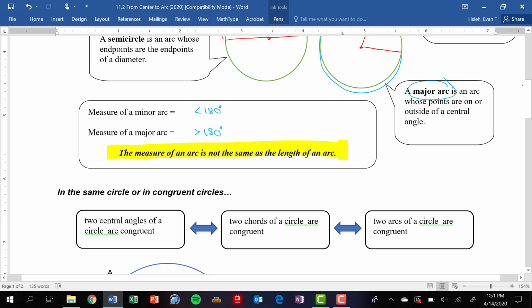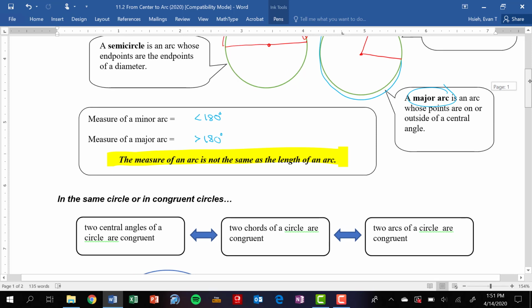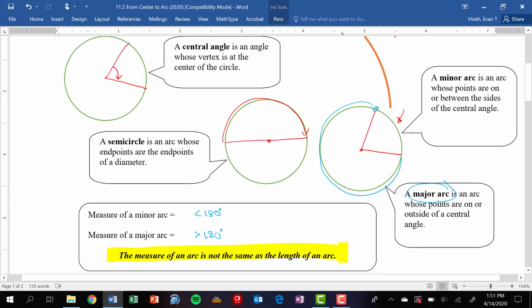The length of the arc, if you remember, is when I grab these two endpoints, grab this arc here, and then place it down, stretch it out so that it's straight, and I measure it. That's the length of the arc. And the measure of the arc, of course, is whatever the measure of the central angle is, the same as the measure of the arc.